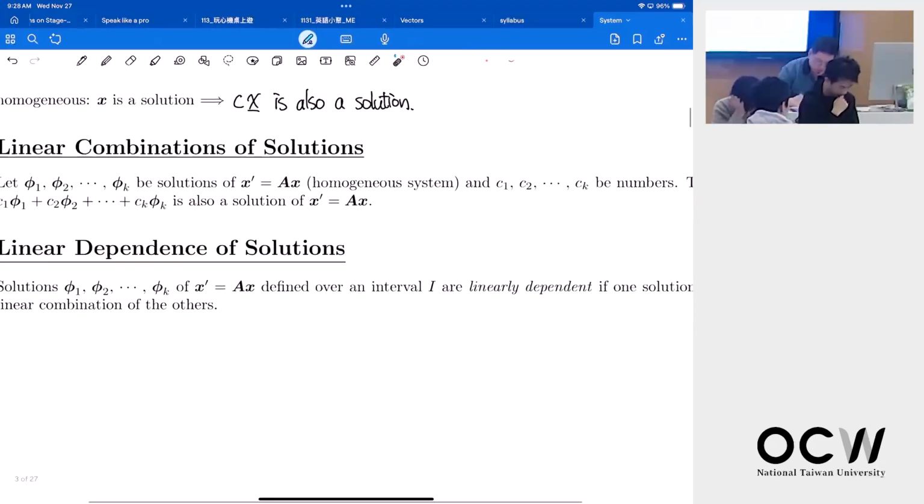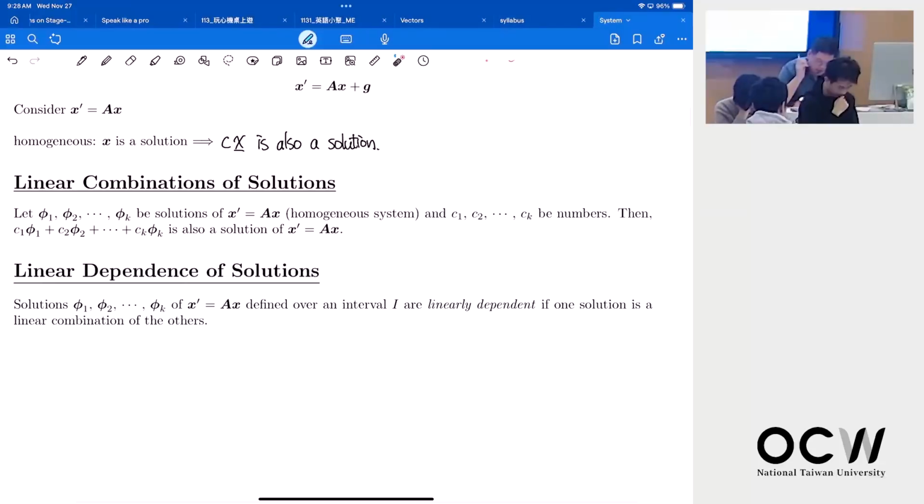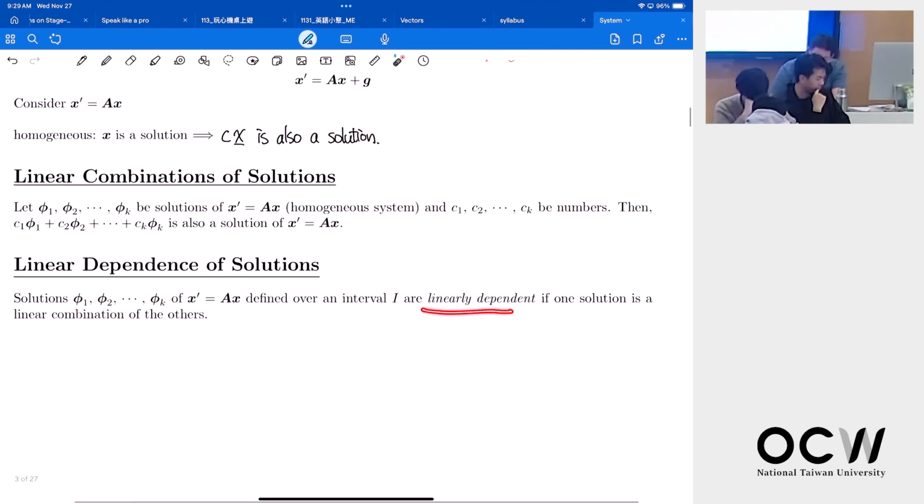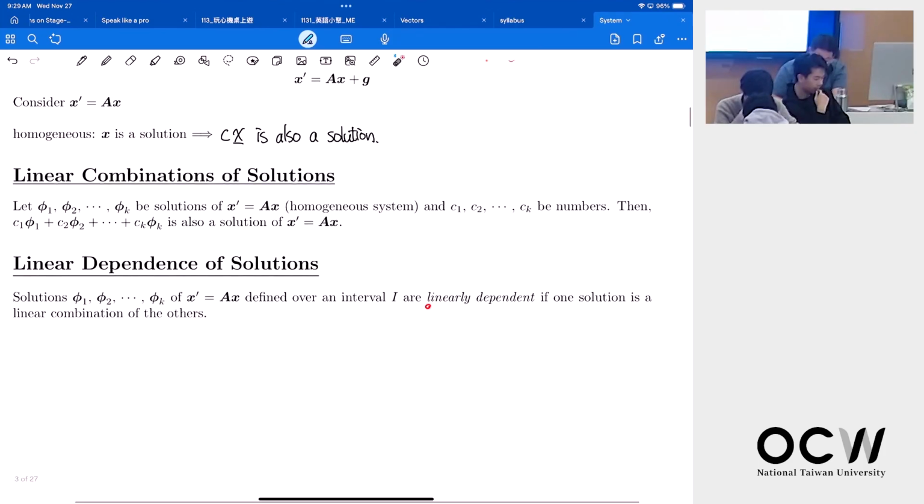Next, the linear dependence of solutions. We know phi 1 to phi k are solutions of this homogeneous system, and we call these solutions linearly dependent if one solution, maybe phi 2, is a linear combination of the others.